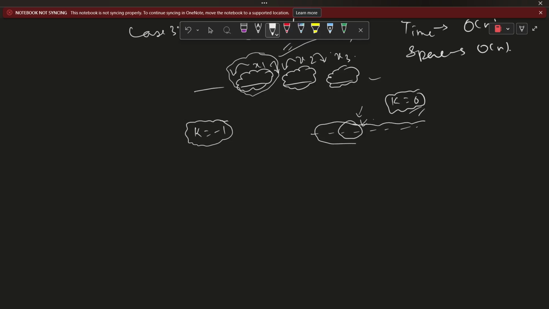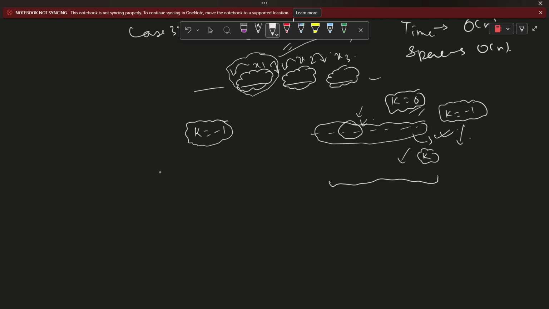So k equal to -1 is going to happen when the array is already sorted. If the array is already sorted, we don't really need to do any operation, so we can choose any k. So if the array is already sorted, then my answer is k equal to -1. That is the edge case.